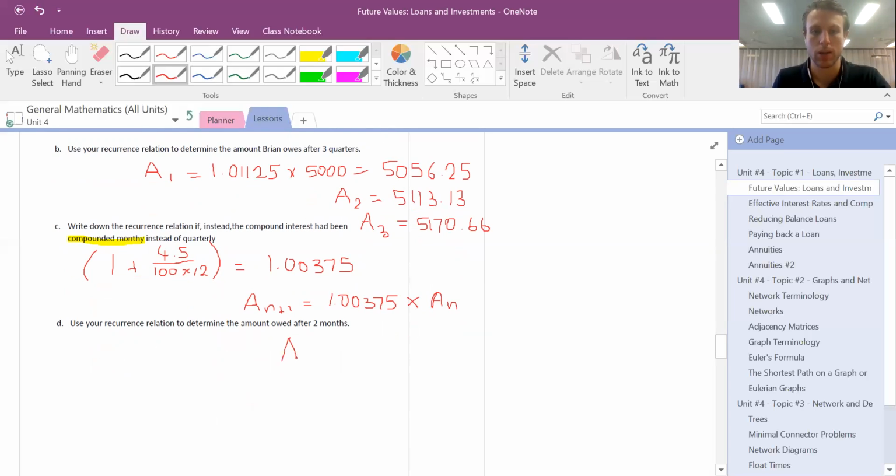So I'm going to go A1 equals my common ratio of 1.00375 times how much he put in to begin with, which was $5,000. And we are going to end up with $5,018.75.